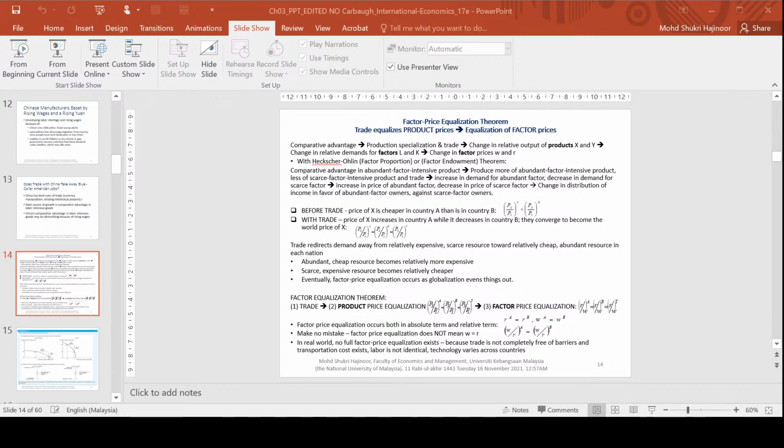Resources specific to export industries gain as a result of trade, because according to Heckscher-Ohlin, specialization is based on comparative advantage. So those not according to comparative advantage will lose. And what's more, that product is specific to that import competing industry, so it will lose.